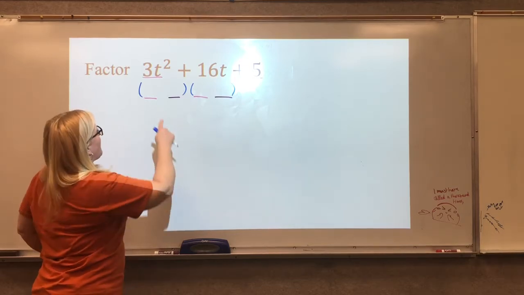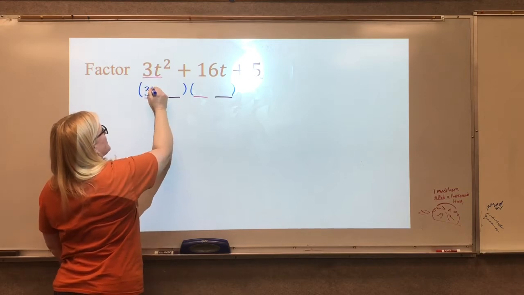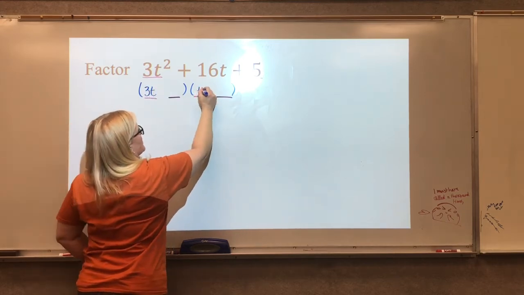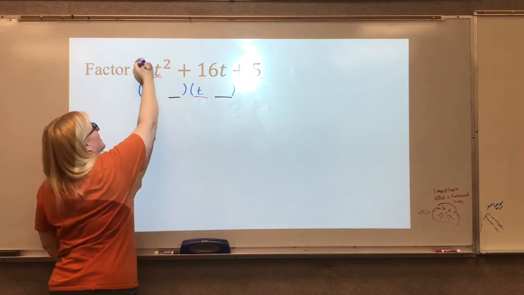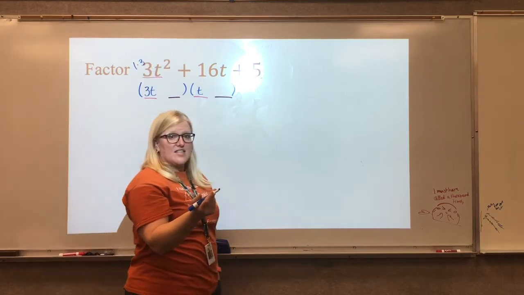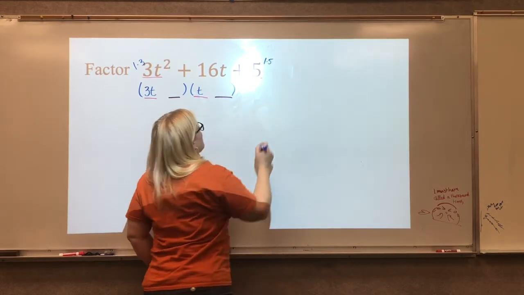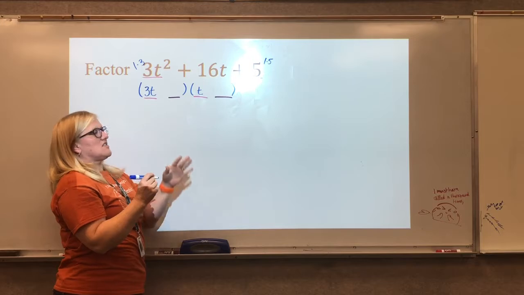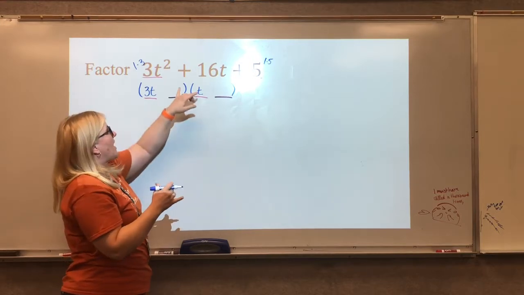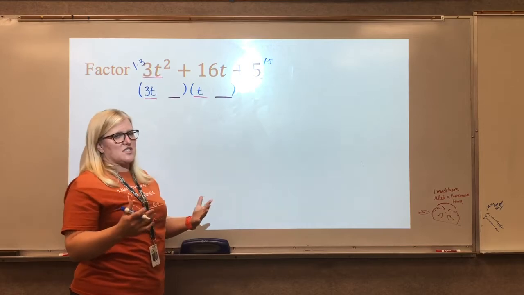For one thing, I've got 3t squared. That can only be 3t and t, because 3 is just 1 times 3. 5 is only 1 times 5. So there's only a few different combinations, plus we have a positive here and a positive here, so this one's not too bad.